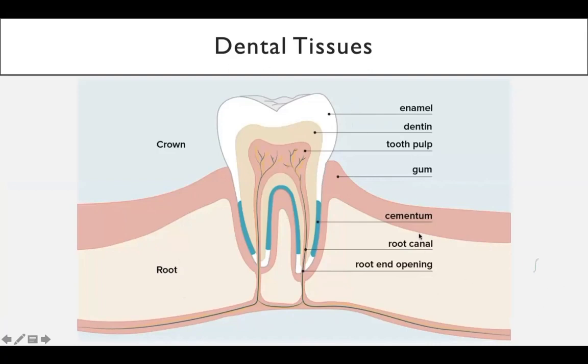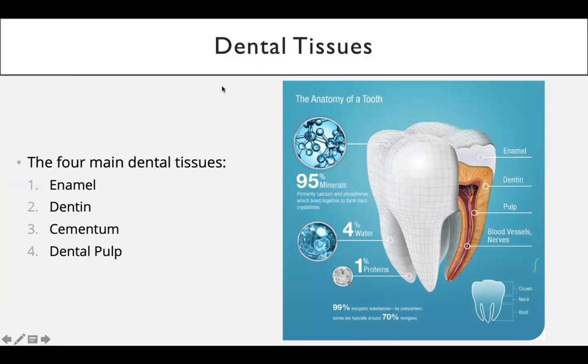Next, dental tissues. There are four main dental tissues: enamel, dentin, cementum, and dental pulp. Enamel, dentin, and cementum are hard tissues, whereas dental pulp is the only soft tissue among the main dental tissues.